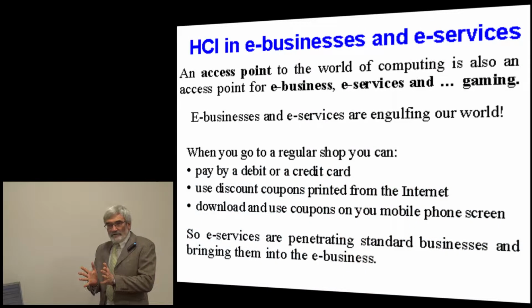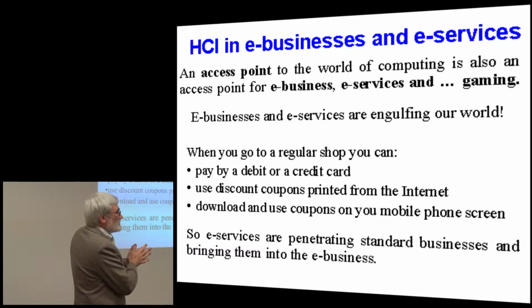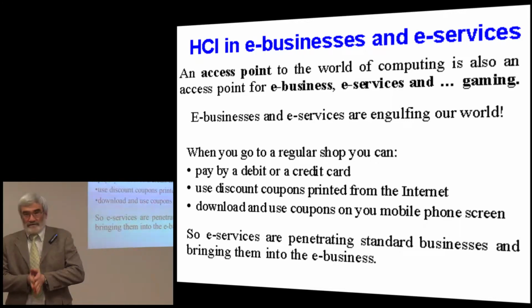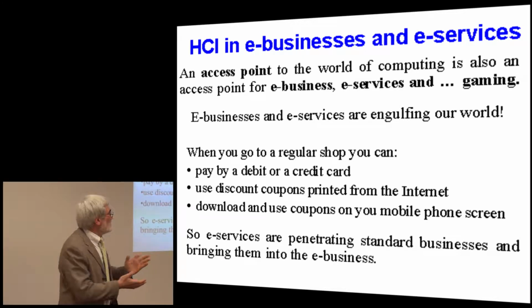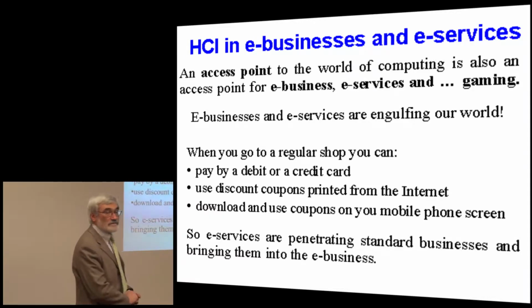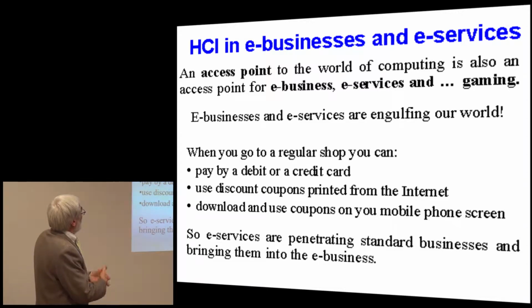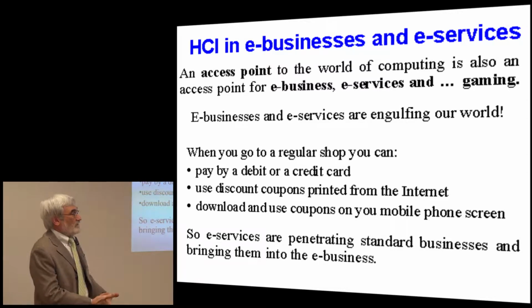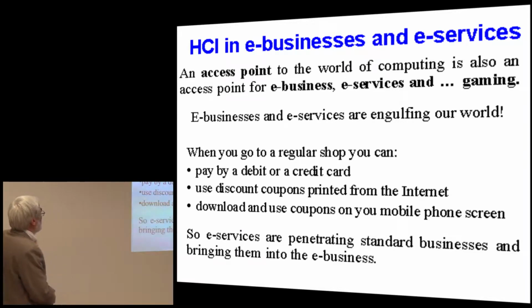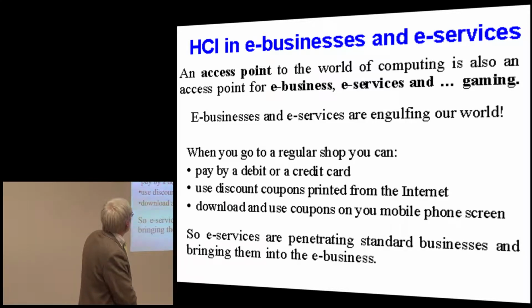So human-computer interactions, this is about everything. Everything we do. Now it comes down to human-computer interactions because everything is computerized. So e-businesses, e-services. So we have basically to deal with some access to the world of computing.